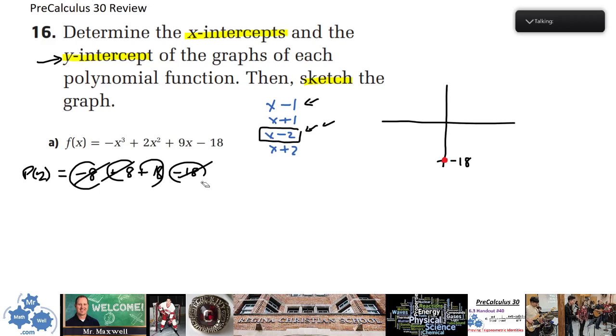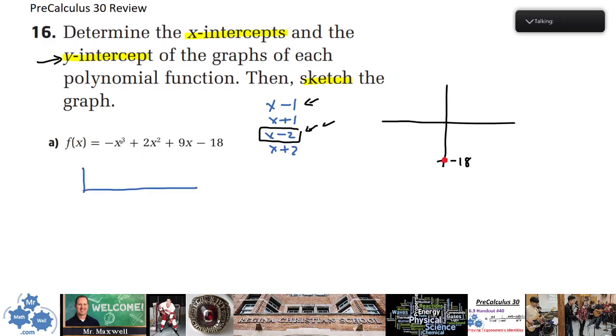From there, we're probably going to do some synthetic division, I would say. Probably the easiest. So let's divide this polynomial by x minus 2. I put the a value, positive 2, there. I put the coefficients all along the top row, making sure I've got the coefficients for each descending term here: negative 1, 2, 9, and negative 18.